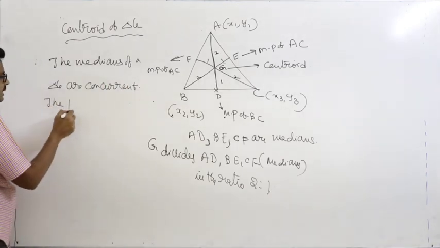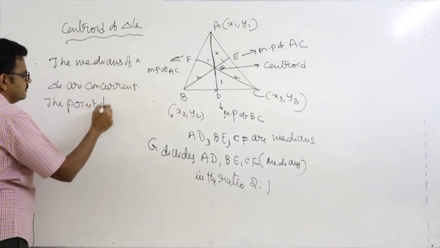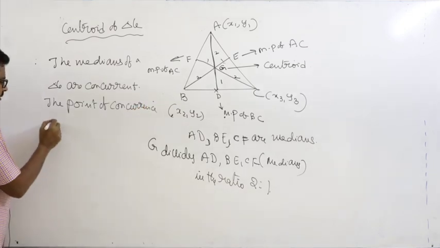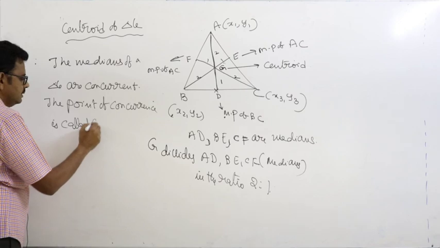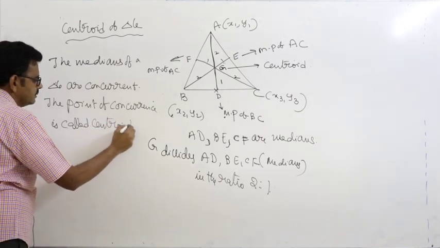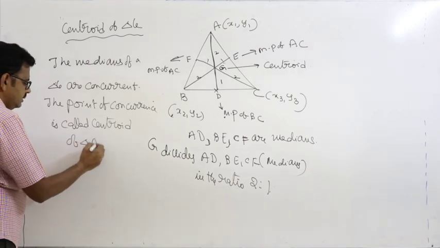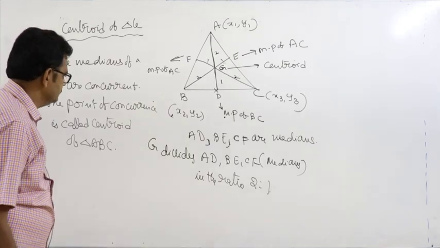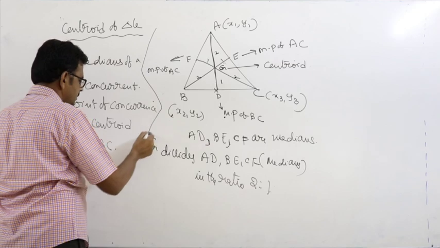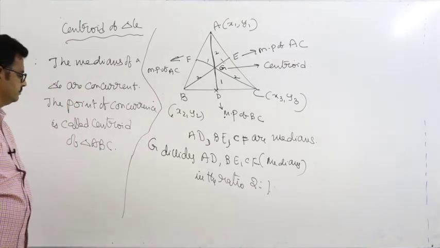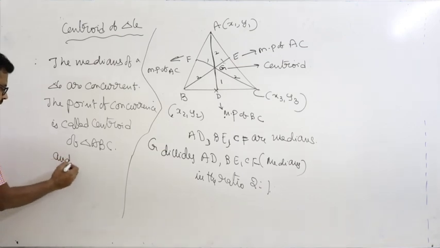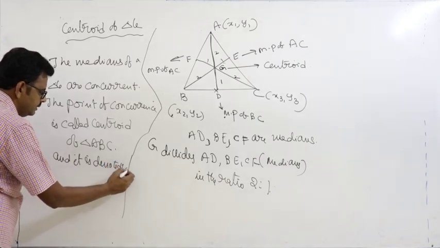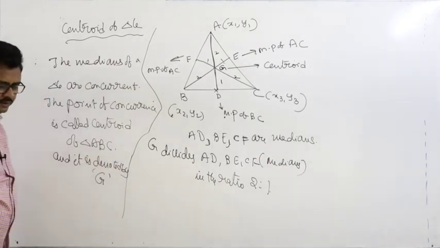The point of concurrence is called centroid of triangle ABC, and is denoted by G. Centroid.